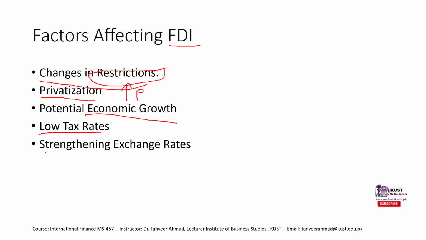And the last factor that affects FDI is the strengthening of the exchange rate. What this means is that if investors anticipate that the country's currency would strengthen, that it would increase in value, then they would want to increase the FDI. Why is that?